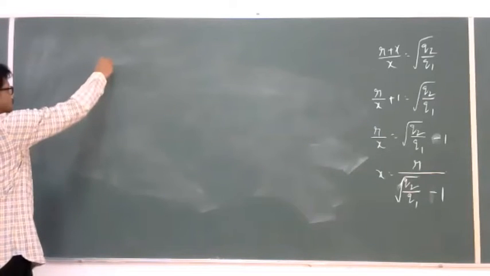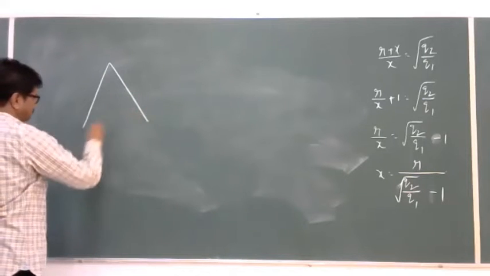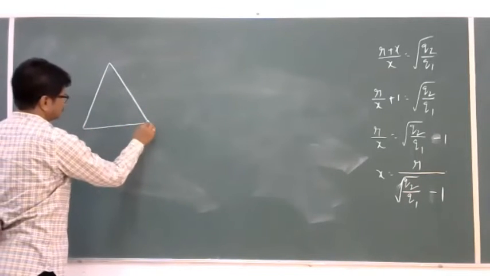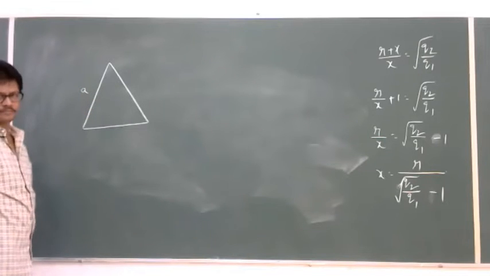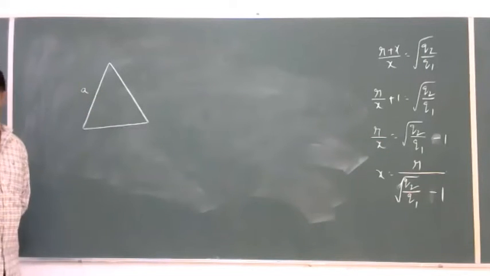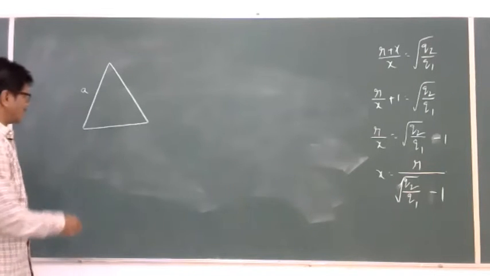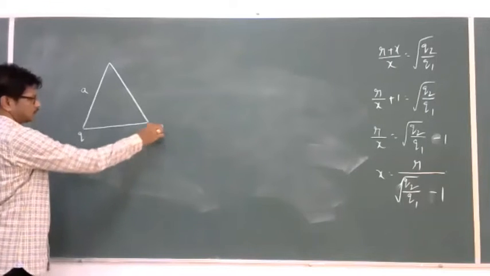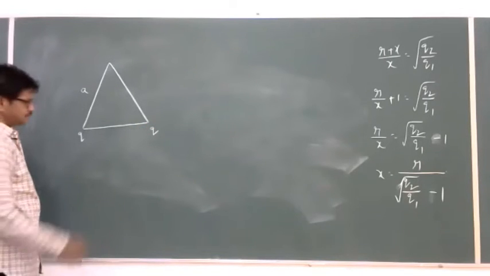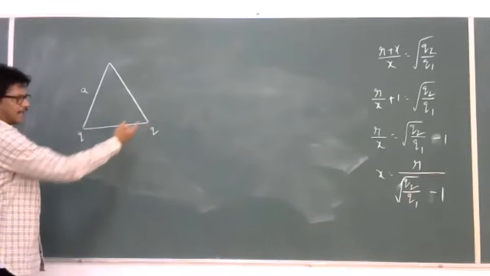Now this is one beautiful equilateral triangle of side A. Two similar like charges called Q and Q are placed at the two vertices of the triangle.